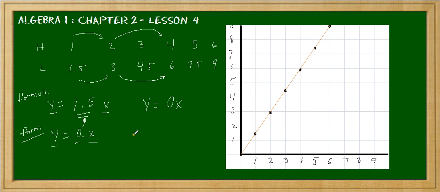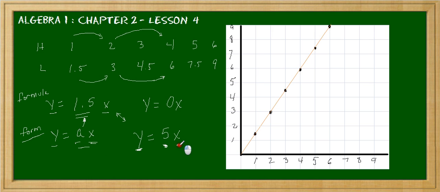So if I were to write another formula, let's say y is equal to 5x. Now that's completely different. These are two different deer, aren't they? But they're in the same form. There's a y, which is over here on the left of the equal sign, and then we have a, which is the 5, and then we have an x variable, which is over here.